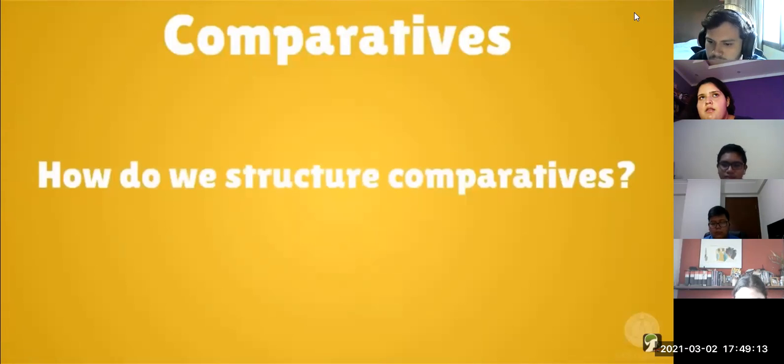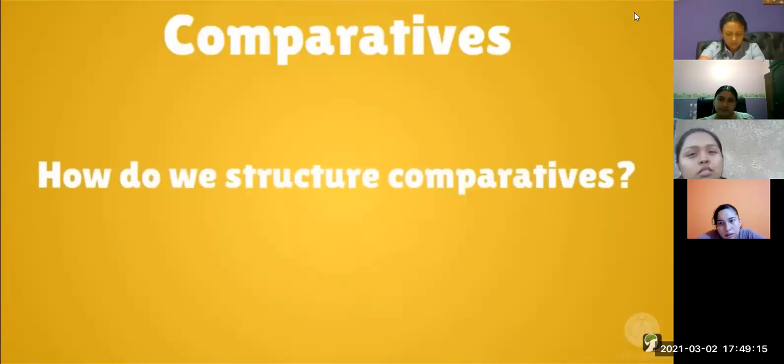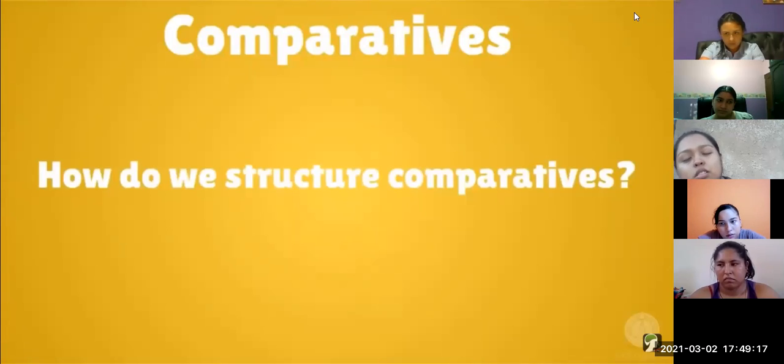I don't know if I am correct, but we add at the end of the adjective er, and then we use than, and we mention the other subject. Okay, this is the way in which we change the adjective, right?